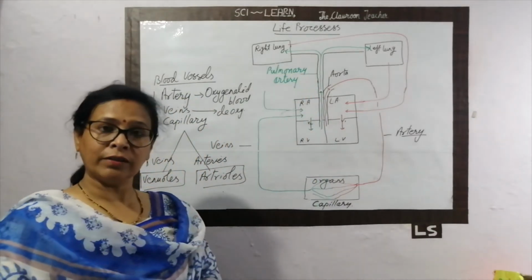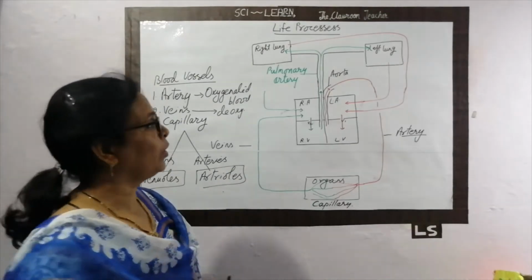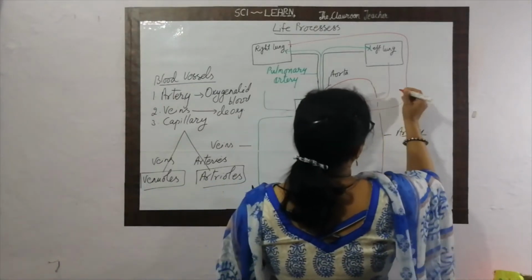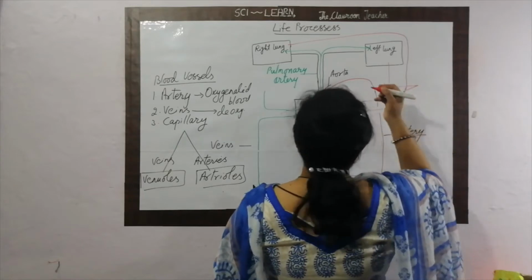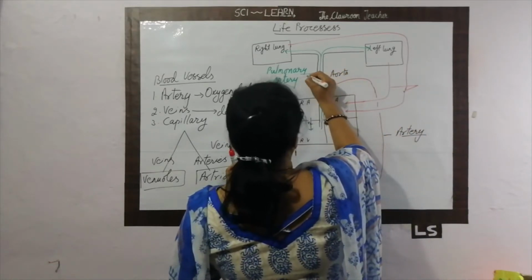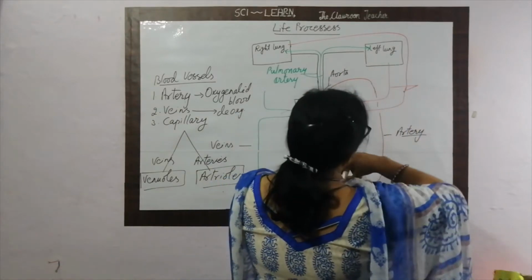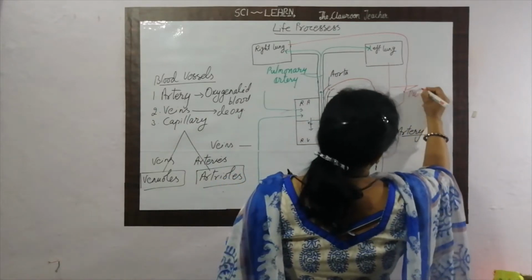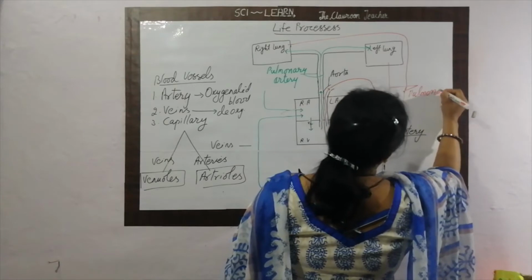One vein also always carries the pure blood, or oxygenated blood. Here both are called pulmonary veins.